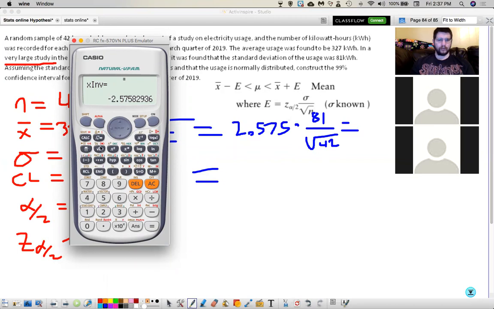So let's see. I can store that, but I'm not going to. 2.575. This is the answer you'd get if you were just using the charts and you didn't use an inverse norm. You will get slightly different values using the inverse norm. That's perfectly fine. So error is going to be 32.18.